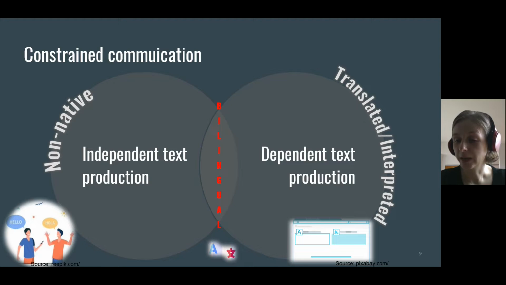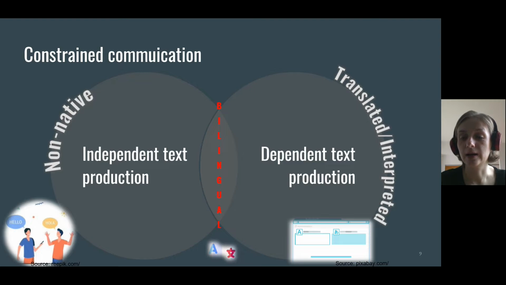So when you are speaking your non-native language, it's an additional constraint for you, an additional burden that you have to tackle because you are not speaking your native tongue, and it might be a little bit more difficult for you. Now, when you are translating or when you are interpreting, there is an additional constraint or additional burden, if you will. You have to produce a message that has already been produced by somebody else.